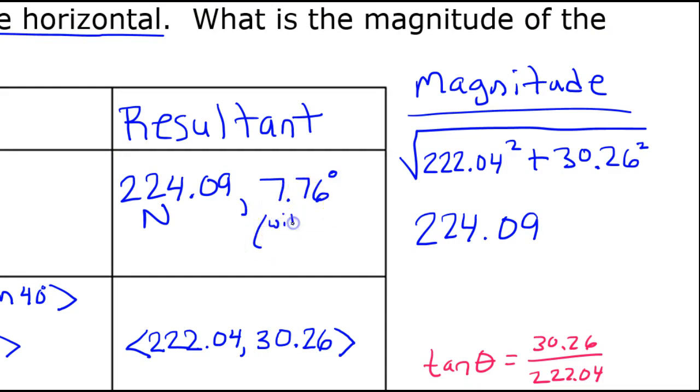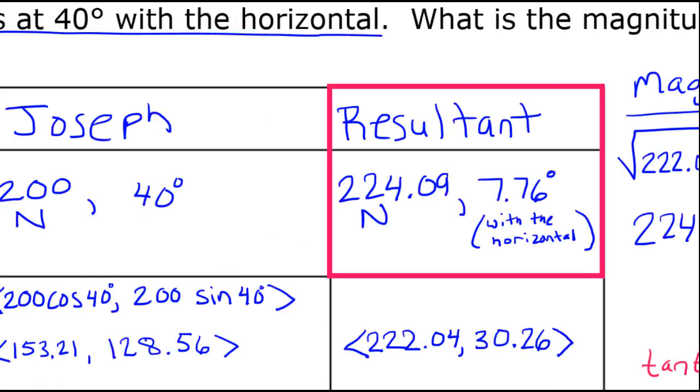So I'll just add "with the horizontal." This box is really the final answer. We have the magnitude and the direction of the resulting force. Kabam! Put a nice box around it so you can clearly see this is the final answer.